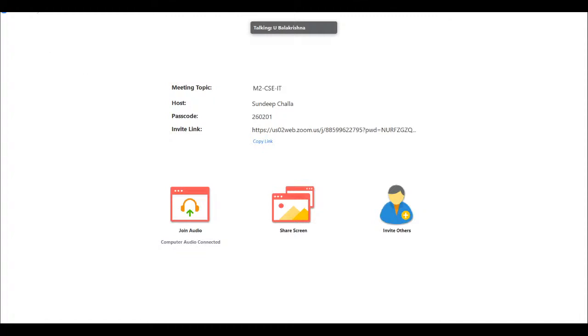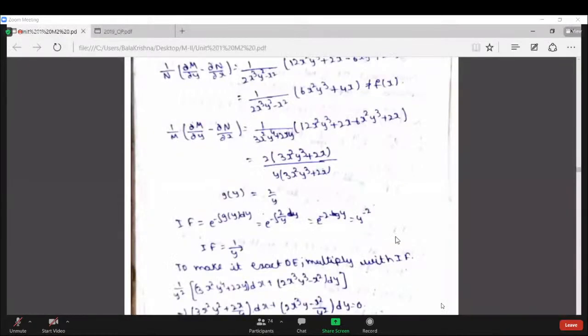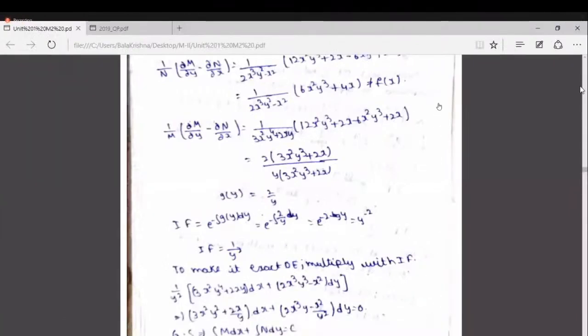Start recording. Yes, first start recording and then you can start sharing. Now is that okay, sir? I have started sharing. Sandeep sir, start sharing. Are you able to see the screen, sir?